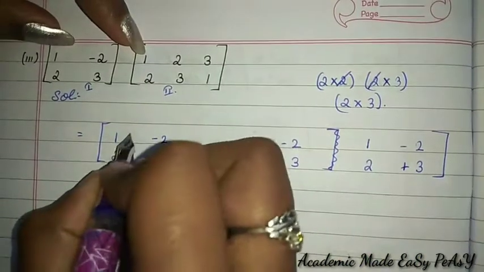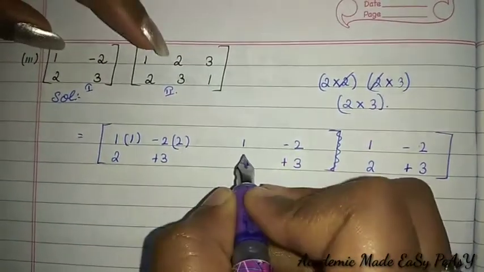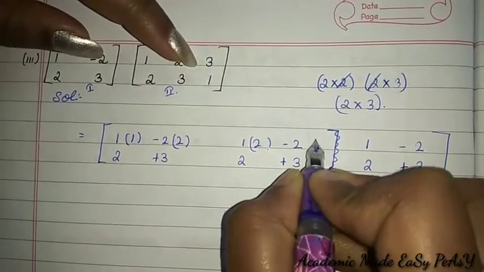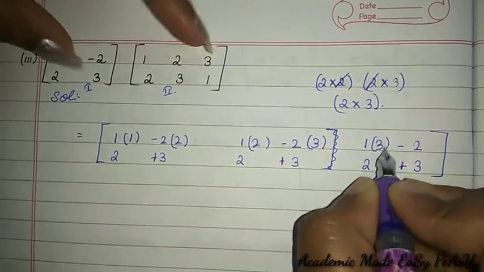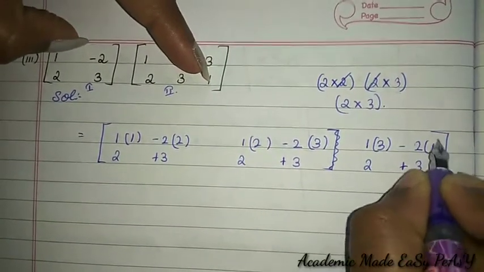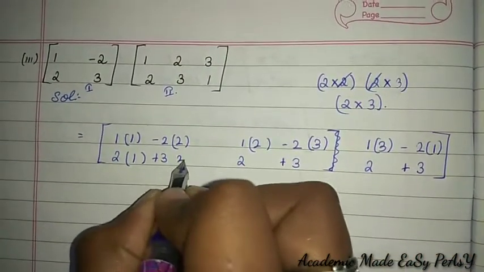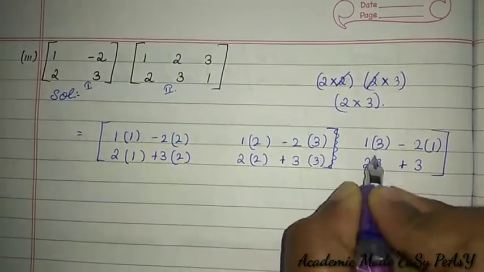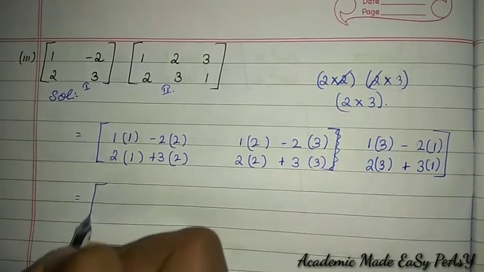First element with first element, second element with second element, and so on for each column. So directly I can write it down: 1 2, 2 3, 3 1.